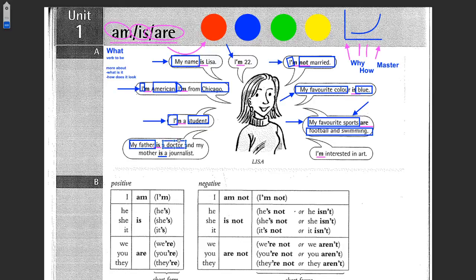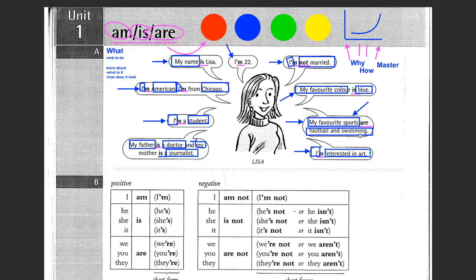My mother is a journalist, telling you what kind of job she has. And the other one, take a look at this one: I am interested in music. But this whole part is telling you more about his hobbies.